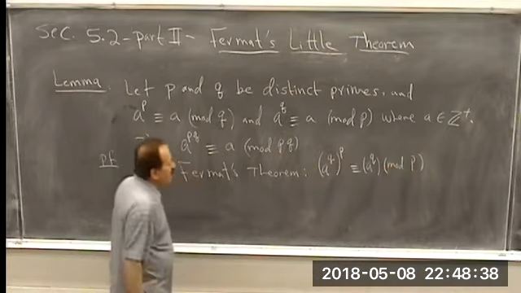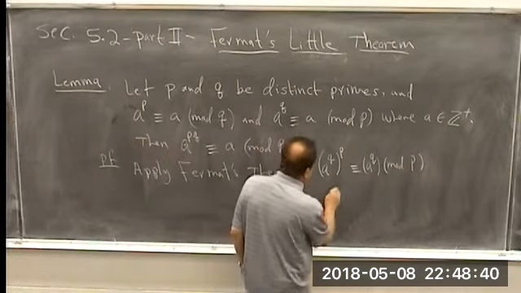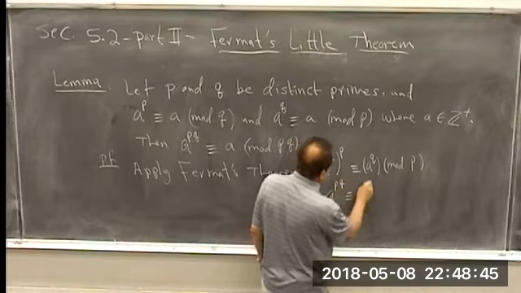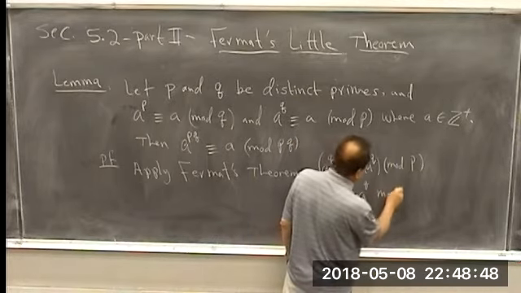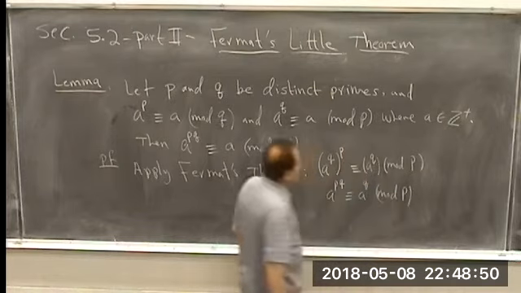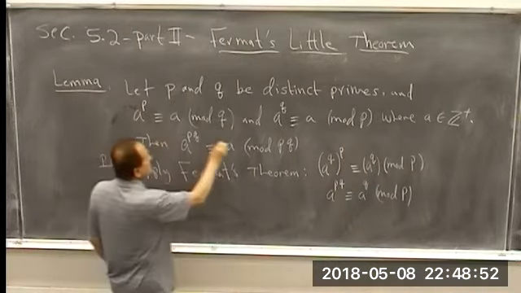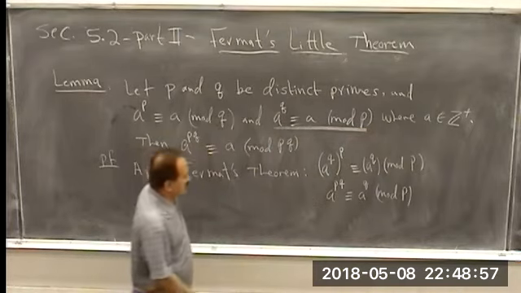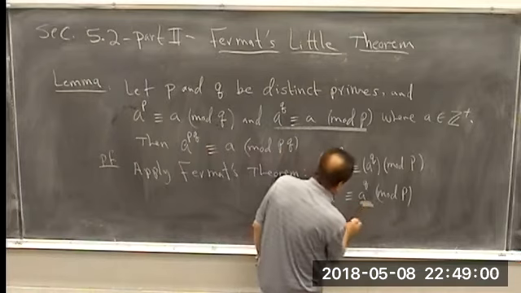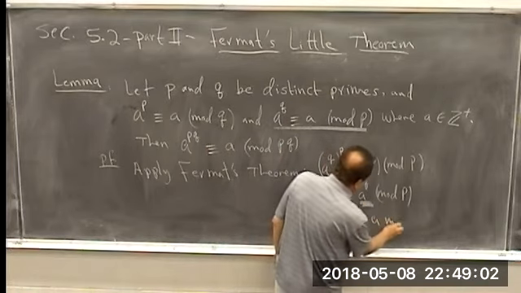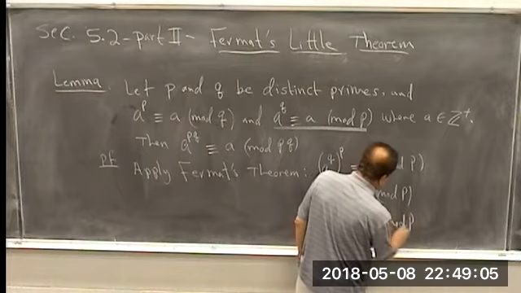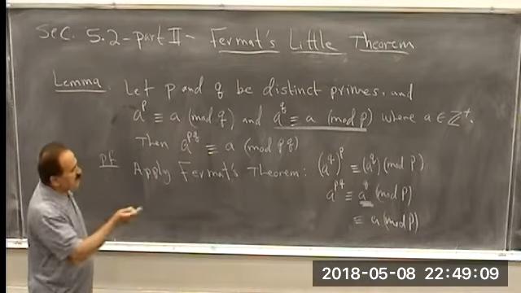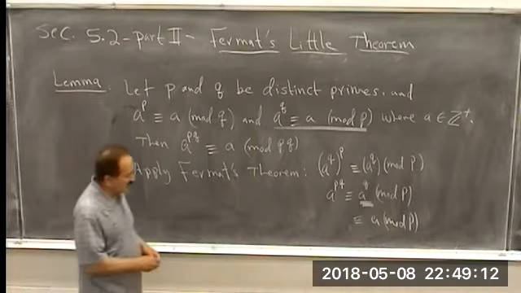So this one gives me, of course, a^(pq) is congruent to a^q mod p. But a^q is congruent to a mod p. So this one is congruent to a mod p. So we have that a^(pq) is congruent to a mod p.